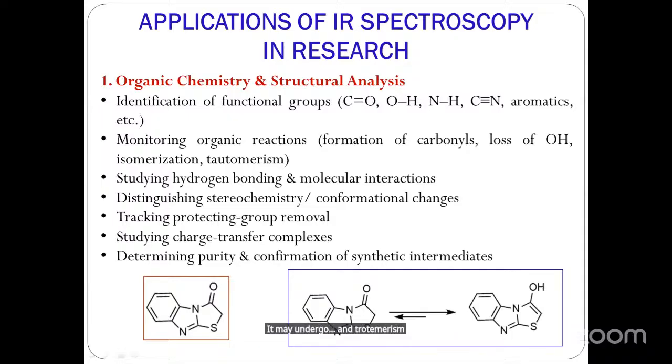You might know what tautomerism is. That is the shift of a proton from one position to another, also called prototropy. So this compound has a carbonyl group, and it can undergo tautomerism from a carbonyl group to a hydroxy group.